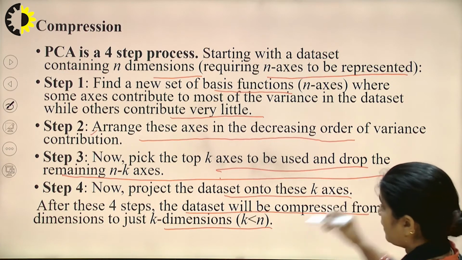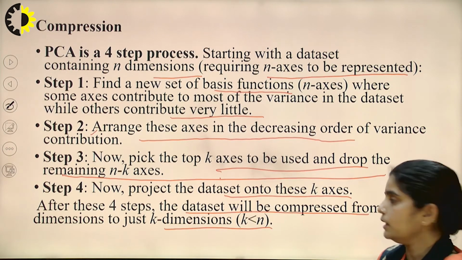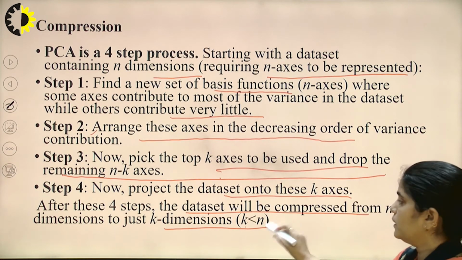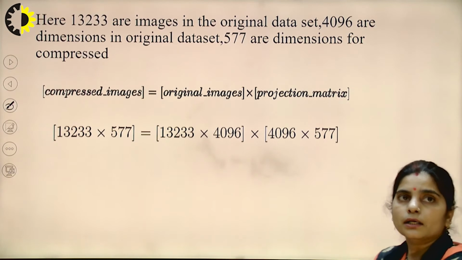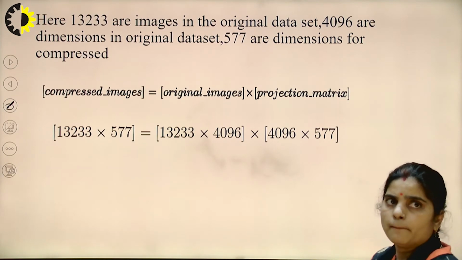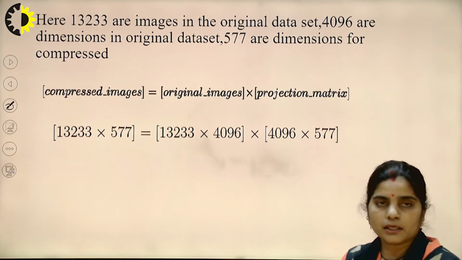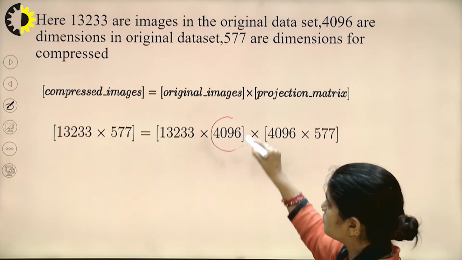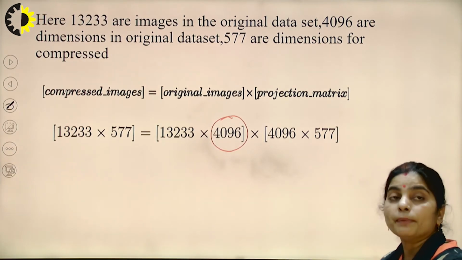Here, the dimension k of the compressed data set must be less than the original dimension n. Now, after compression, in the example which we had taken initially, the templates are 4096 dimensions, which I mentioned at the start of that topic.